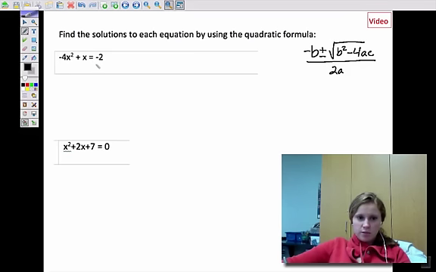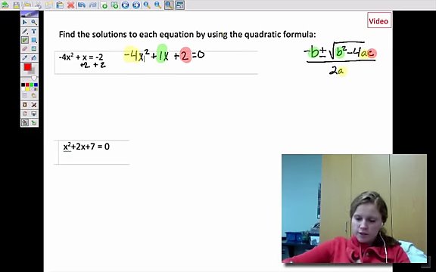I'm going to transfer this equation into general form by adding 2 to both sides. Then we have negative 4x squared plus 1x plus 2 equals 0. So here's our general form. We have an a, we have a b, and we have a c.